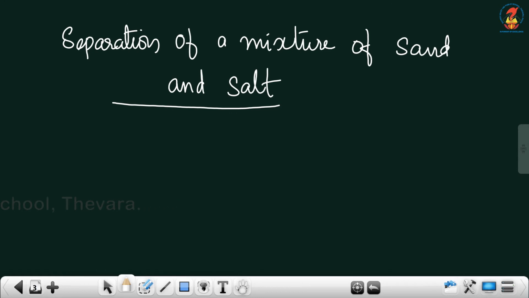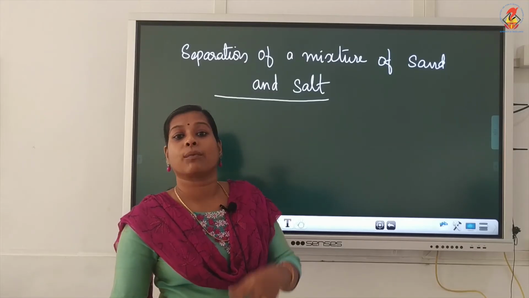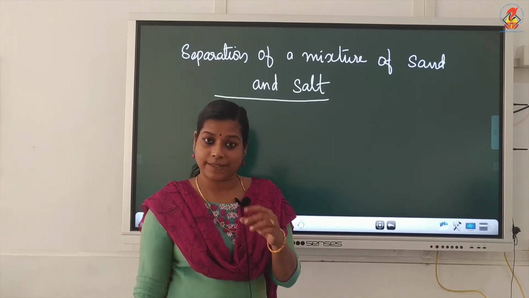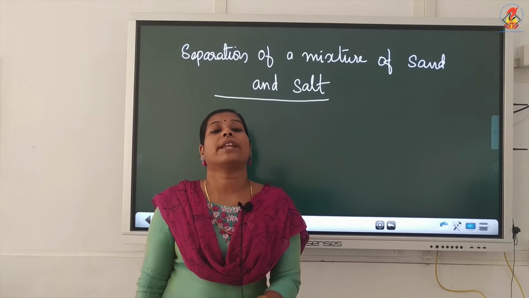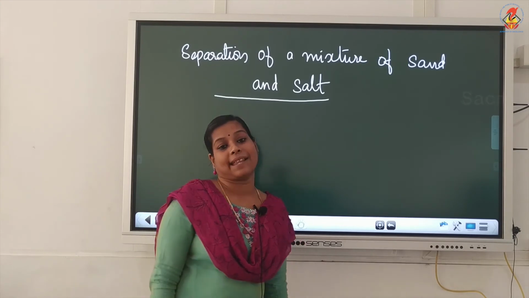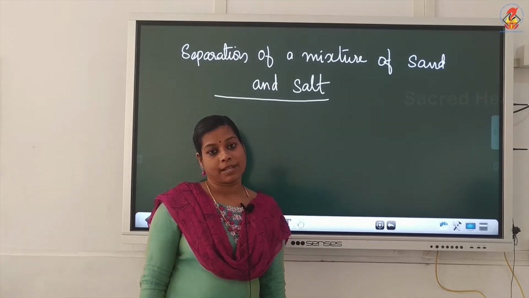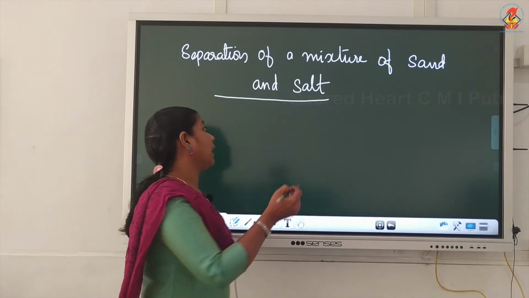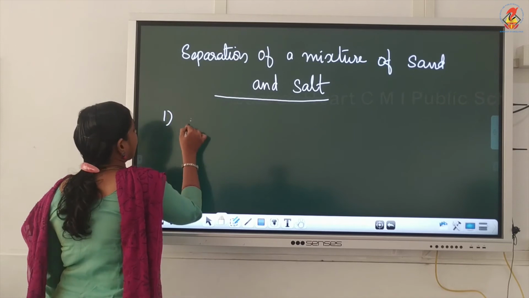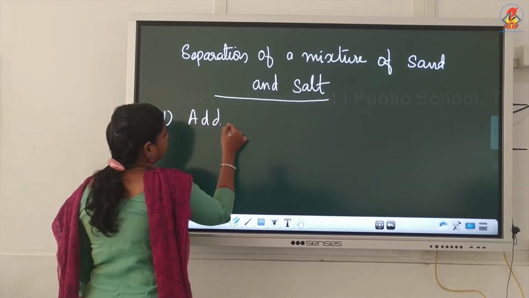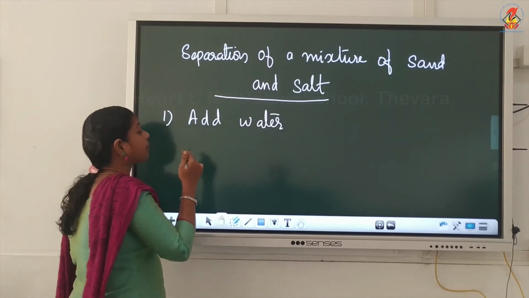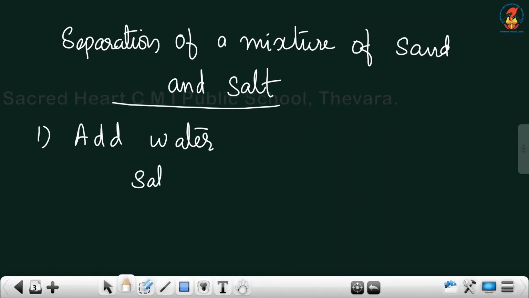During that separation, first we will add water to the mixture, because you know salt is soluble in water and sand is insoluble in water. After adding water, what is happening?